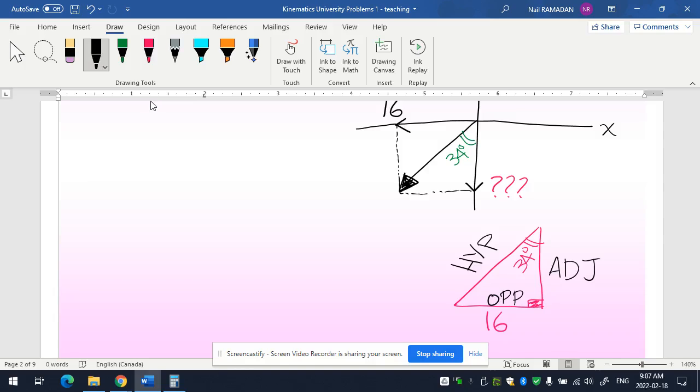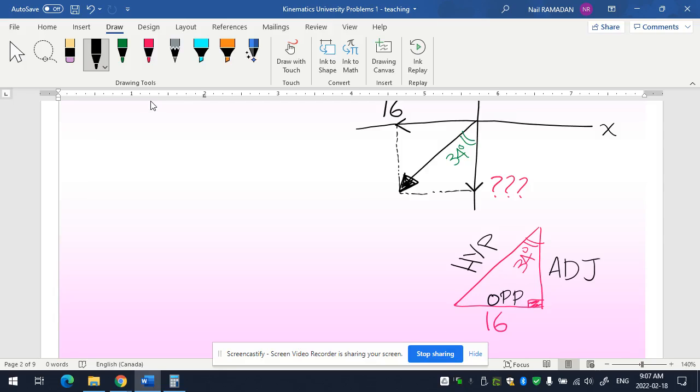Can someone tell me how to find the adjacent? Do I use SOH or CAH or TOA? Muhammad? You use what? Okay. Which one do you know? Which one do you want to find? Which one of the triple relates opposite and adjacent only? Or which one does not care for the hypotenuse? TOA, T-O-A.